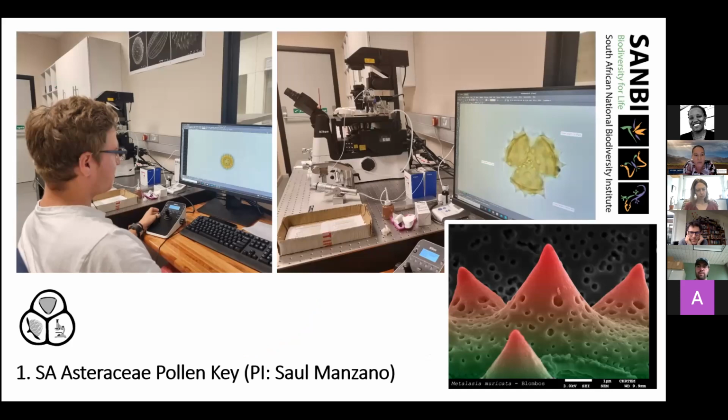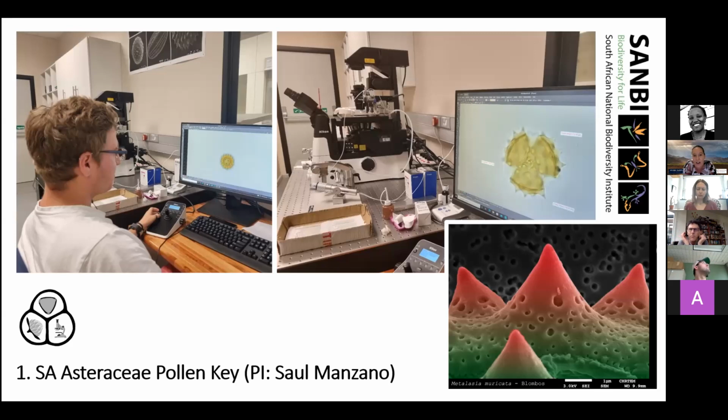And this is my student Luke, who's measuring tiny little bits and pieces of daisy pollen there with our high-end research microscope, and also looking at it through the lens of SEM imagery. This is really important because Asteraceae really dominate many of the pollen records for Southern Africa.